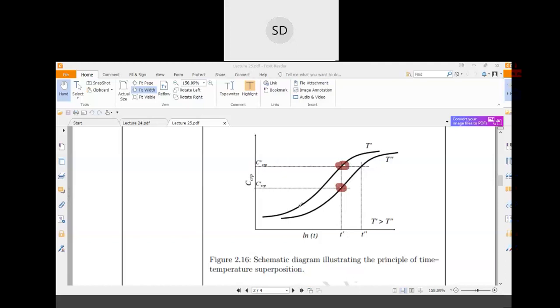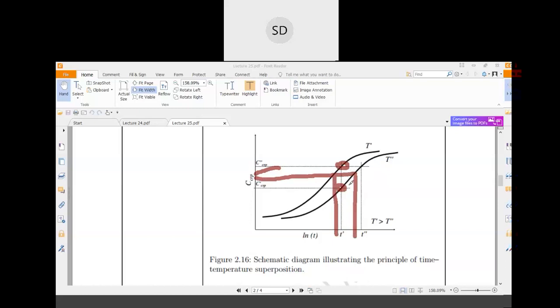Now similarly, if you draw one particular line, in that case, you can say that at two different times, your creep value would be similar, but the time is different.